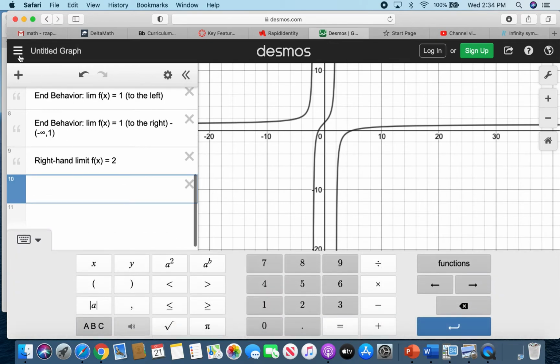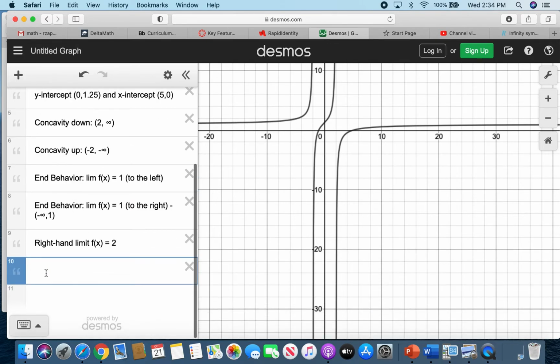While the left-hand limit means what happens to your y when your graph is coming from the left and it approaches the vertical asymptote at negative 2.